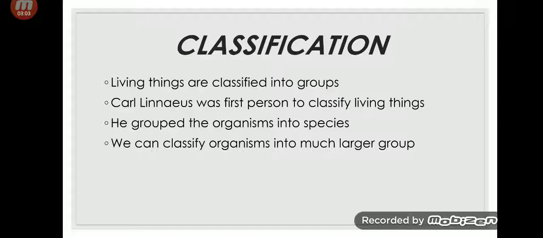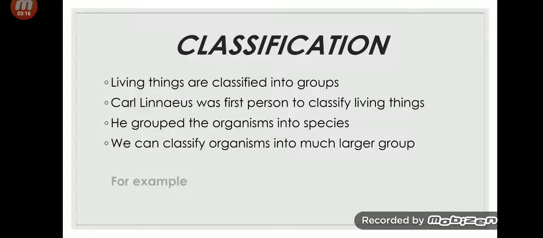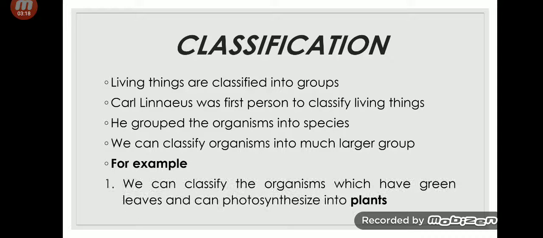Carl Linnaeus classified organisms into species, but we can classify living organisms into much larger groups. For example, organisms which have green leaves and can do photosynthesis are called plants, right? If we see a living thing which has green leaves and it can do photosynthesis, we call it a plant.